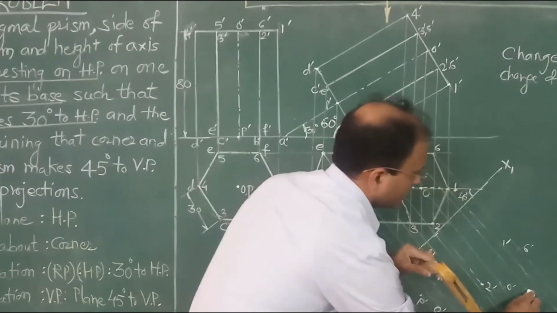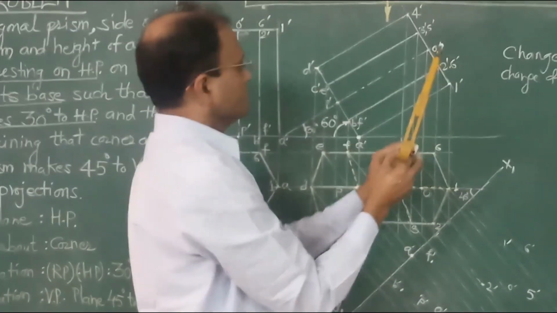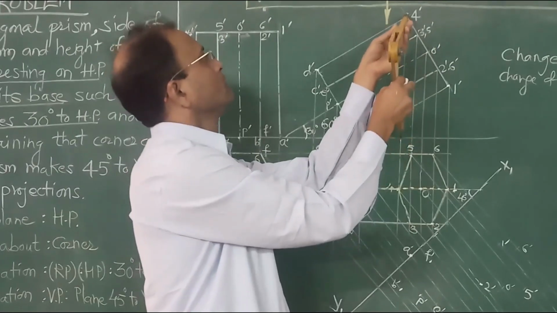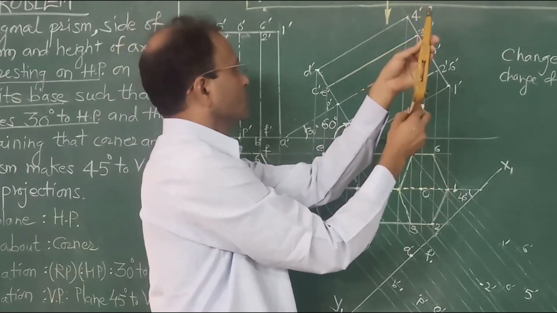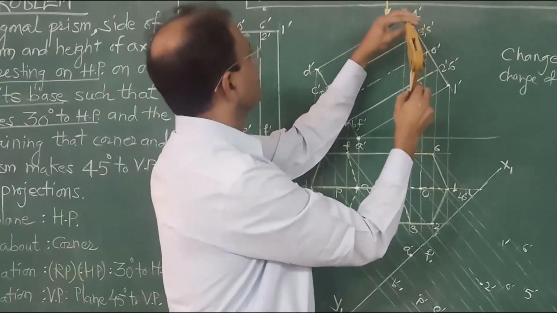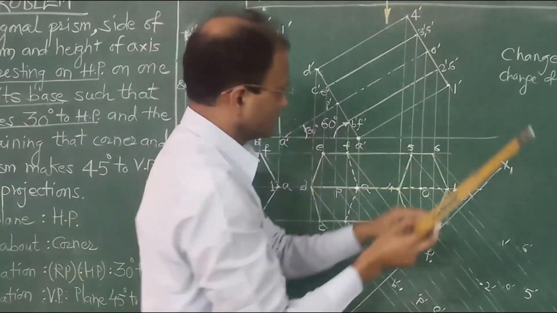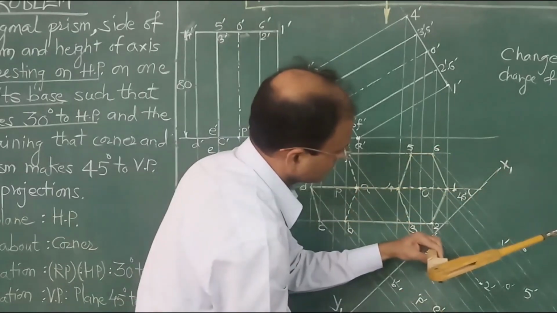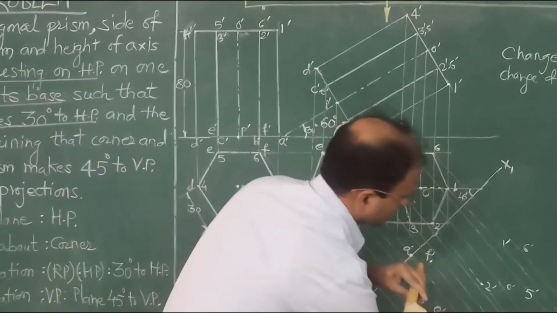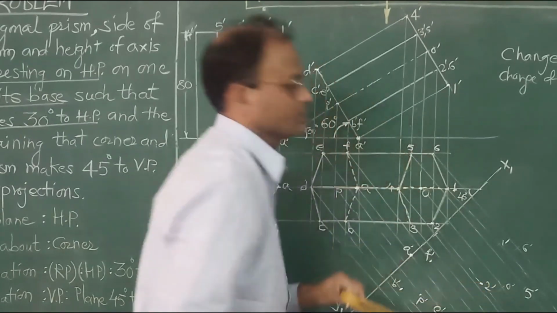So this is 5 dash. And lastly, the point which is farthest away is 4. So we need to transfer that distance. So this is on projector through 4 dash. So here you get 4 dash.